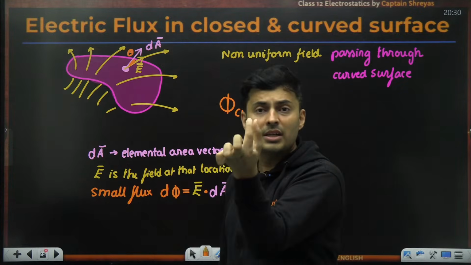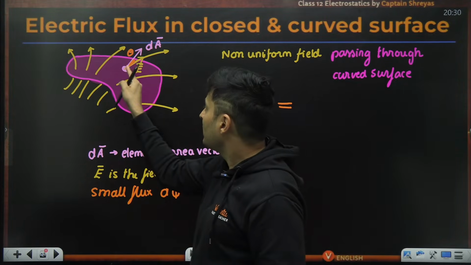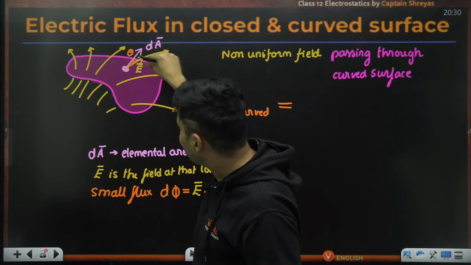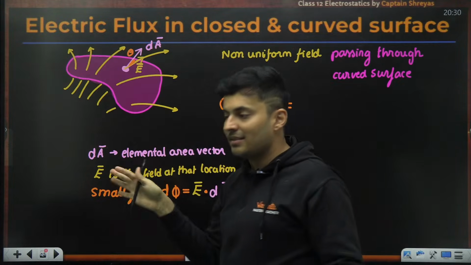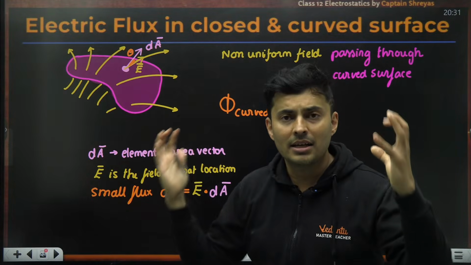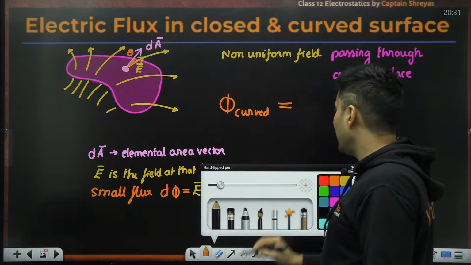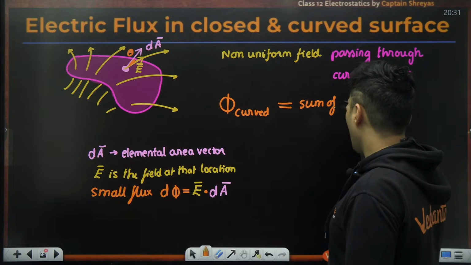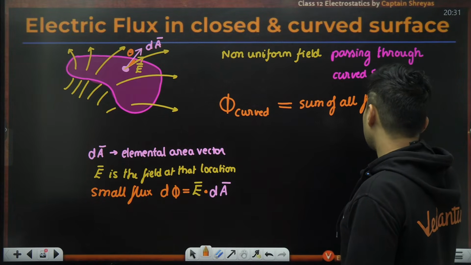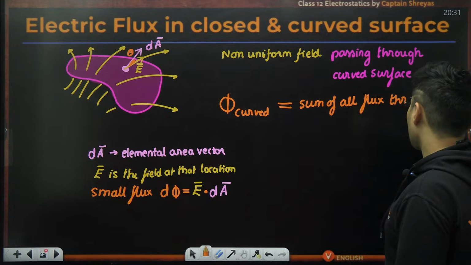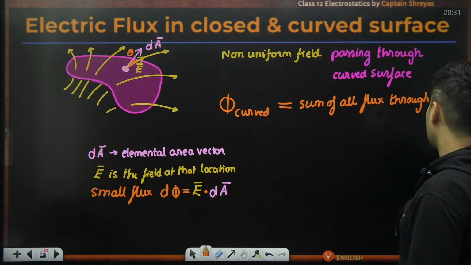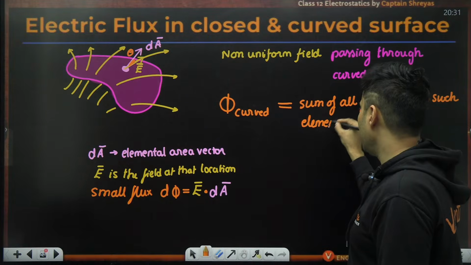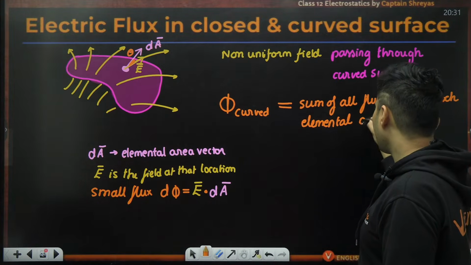Now, electric flux being a scalar quantity, for every small area I can calculate the flux. If I keep on adding it for the entire surface, I'll be able to calculate the net flux. So the net flux on the curved surface will be the sum of all the flux through such elemental areas.